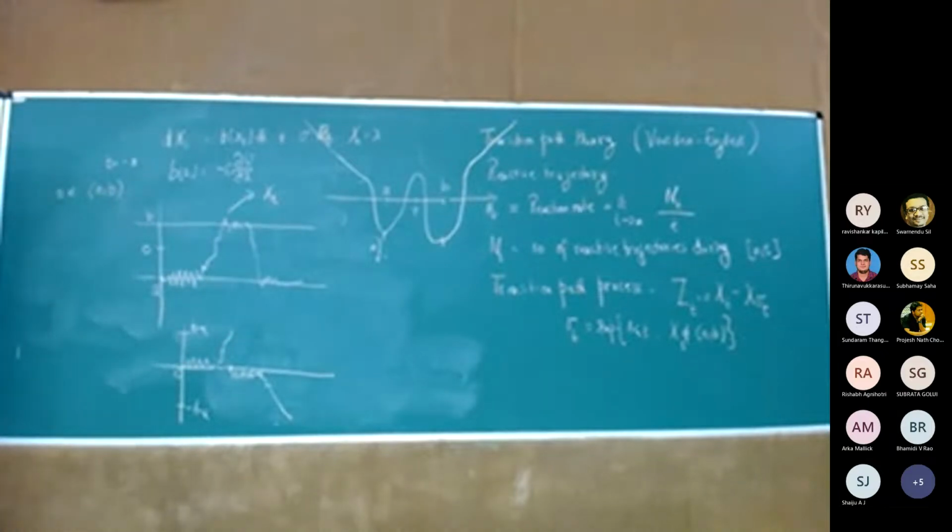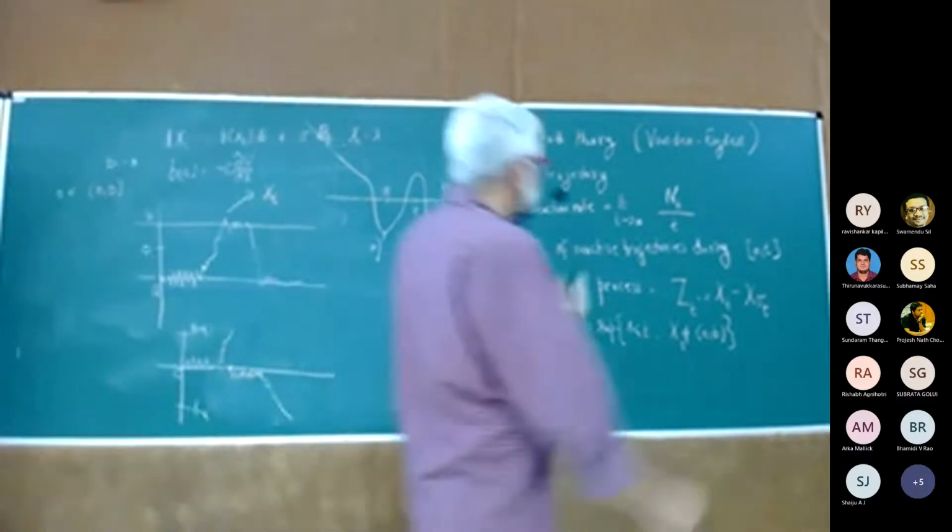And the number of such jumps is the number of upcrossings. Therefore, to compute the reaction rate, you're looking at the number of upcrossings in time T divided by T as T goes to infinity.